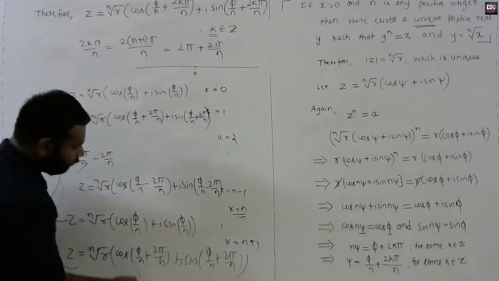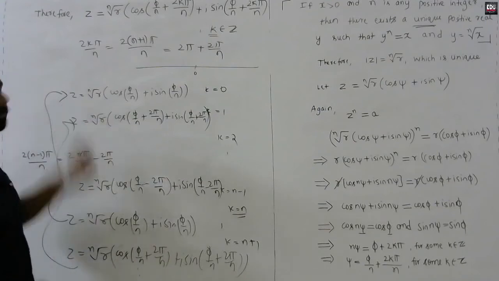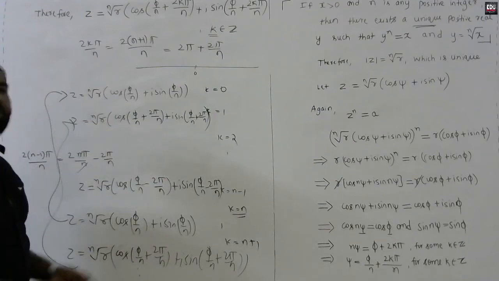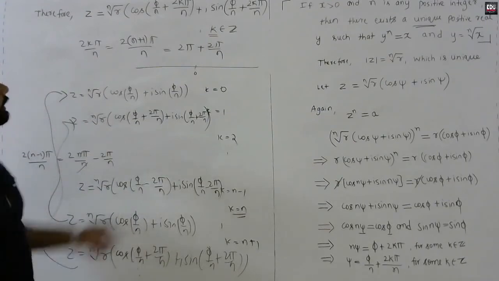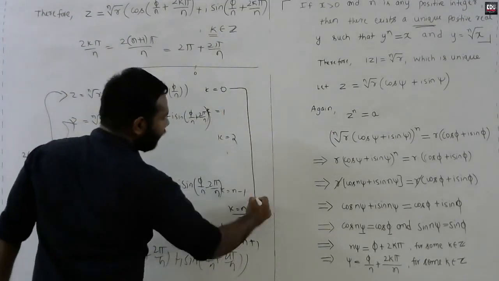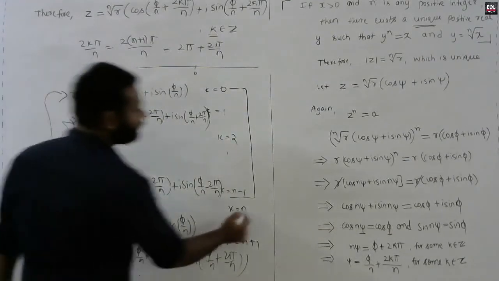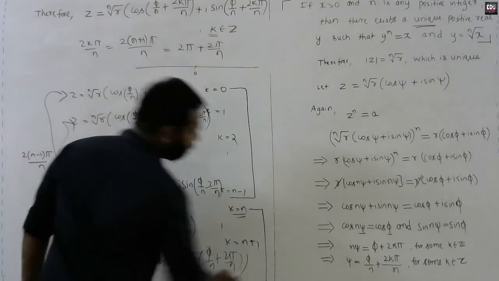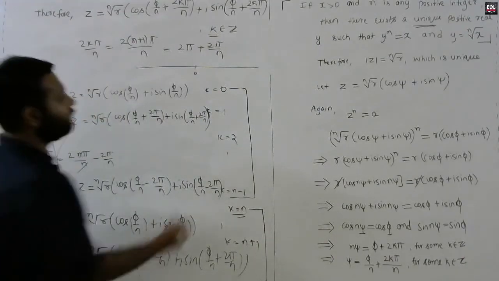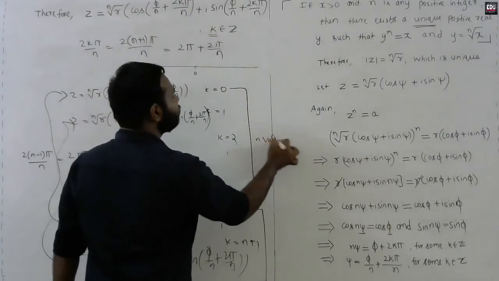So if you continue like this, the values for z repeat for every set of n values. Starting from 0 up to n minus 1, you got distinct values. Then if you start from n, up to once again n values. So here 0, 1 up to n minus 1 means n values.